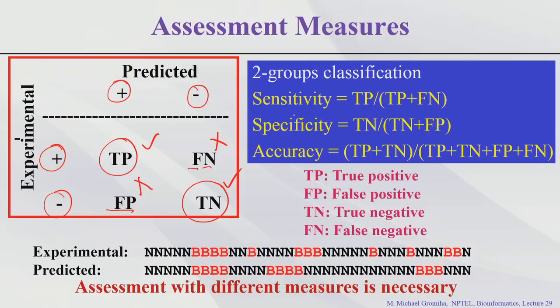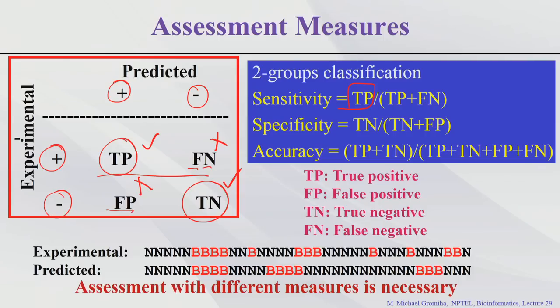Sensitivity deals with the positive data set, specificity with the negative data set. Sensitivity is true positive divided by true positives plus false negatives, that is for all the positives. Specificity is true negatives divided by true negatives plus false positives. So, you can calculate sensitivity and specificity.